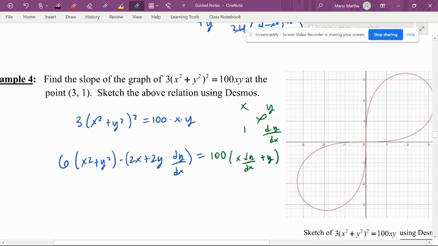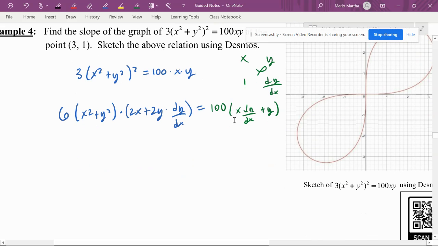All right. And then we want to continue. So we want to solve now. We want to put everything that has a dy/dx together. So let's do that. So we're going to have pretty much 6x squared. Should I expand that right there?